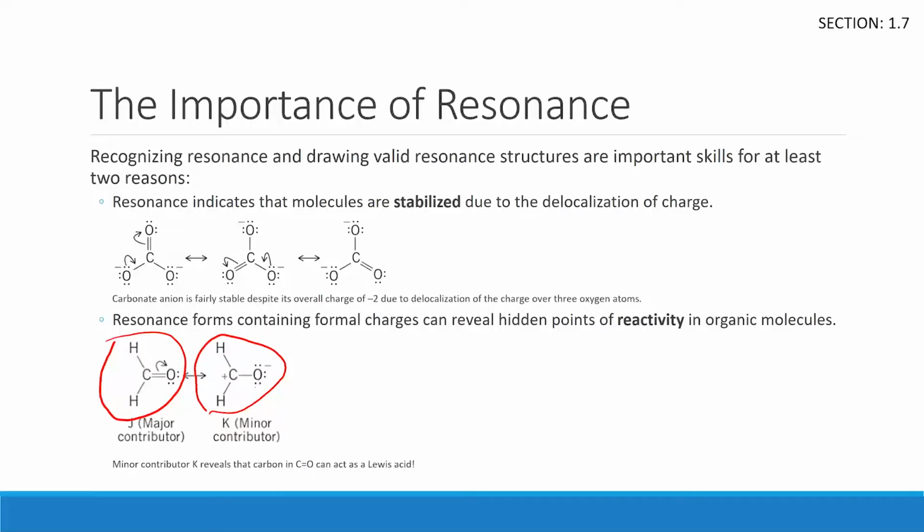It shows you that this oxygen has a tendency to be a little bit more negative, and this carbon has a tendency to be a little bit more positive when you draw out the resonance structure. That shows you where reactivity can occur. You can see that electrons might move to the positive carbon. Remember, electrons are negative, so they're going to move to positive areas. So in a reaction where we're moving electrons, that carbon seems like a good spot. It's open for electrons to move to.